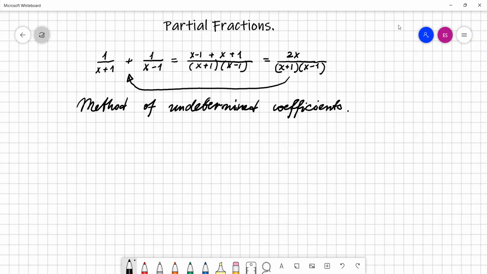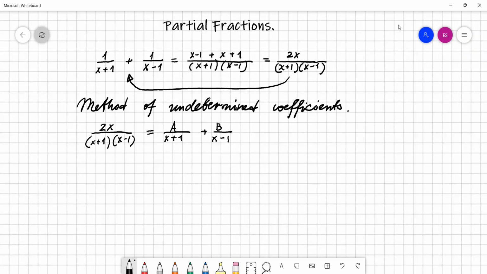How the method is going to work: I'm going to take this fraction, and looking at the denominator, I understand that the fractions which were combined, let's imagine that I don't know them, are some number a divided by x plus 1 and some number b divided by x minus 1.